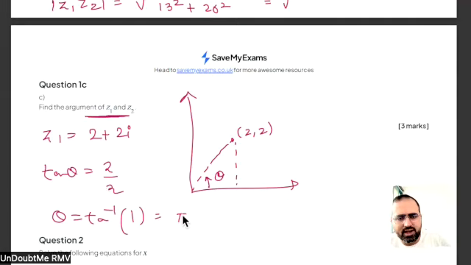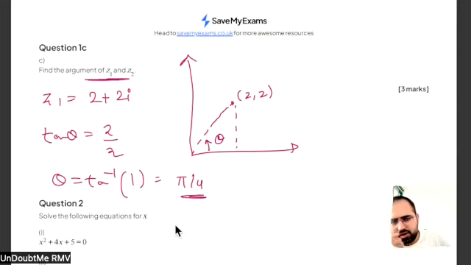So that is how you will get the argument as pi by 4. You can do that using a calculator. If this method for argument, which is the same as vectors, is okay, then try to find the argument for 2 plus root 3 iota.